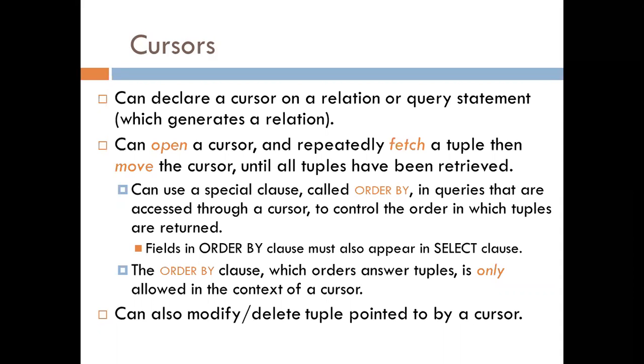For that purpose, we can declare a cursor on a query result, and then we can open the cursor and repeatedly fetch one tuple at a time. After extracting one tuple, the cursor automatically moves to the next tuple. We can also use the special order by clause in the query so that the result we process will be in order.